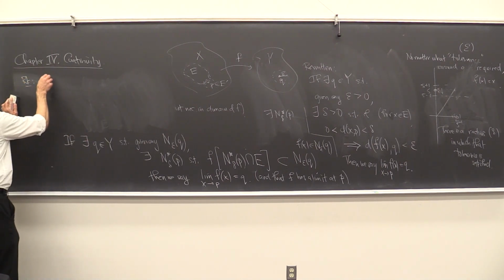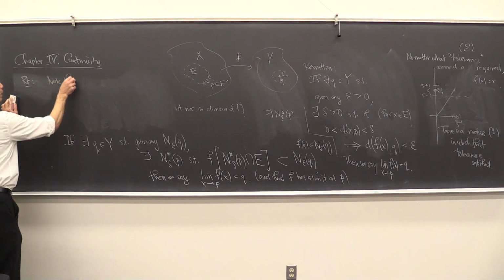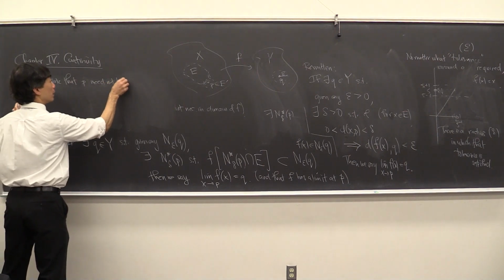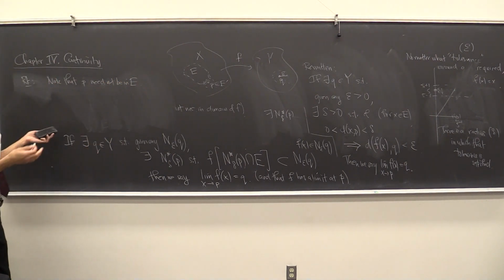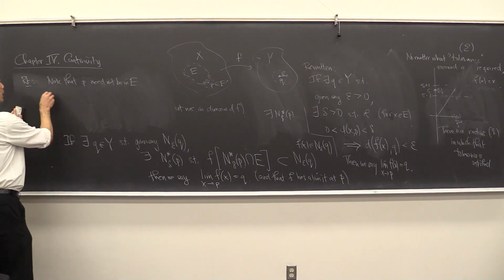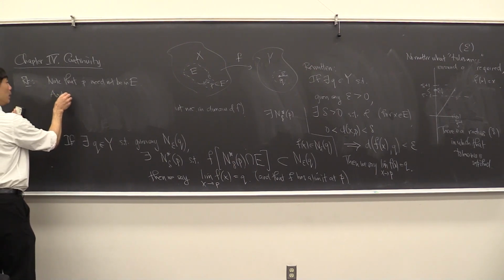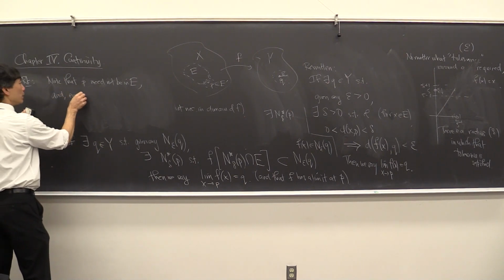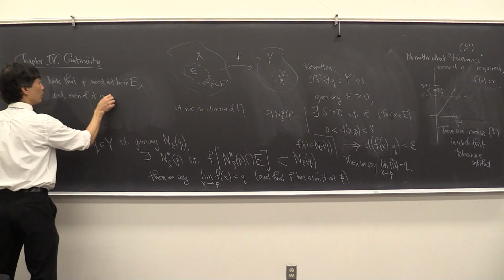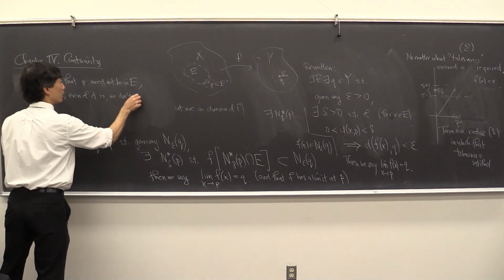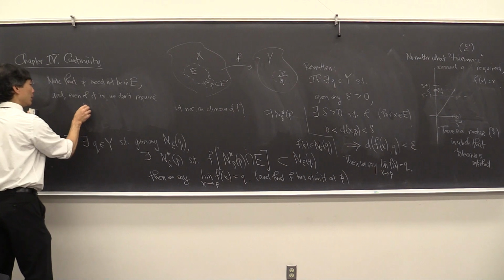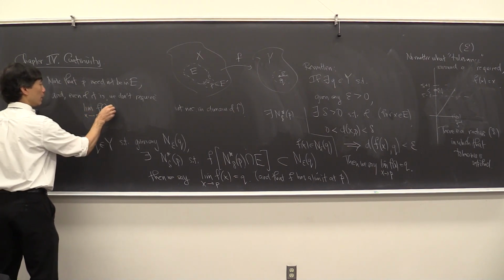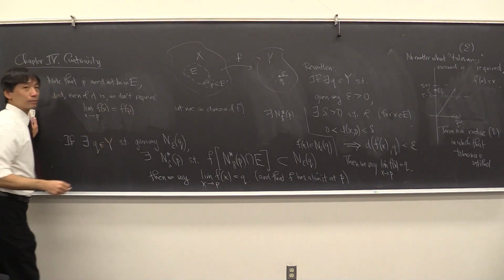Like we said before, notice that P need not be in E. It just needs to be a limit point of E. And even if it is, we don't require that the limit be the value there.